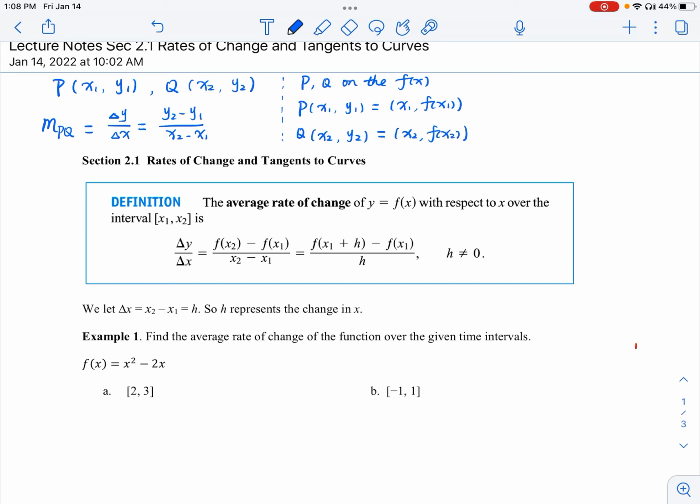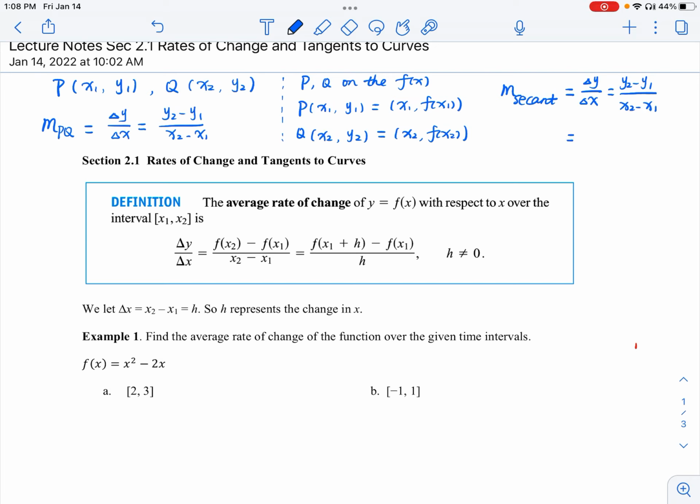Then if you connect PQ, that will be the secant line of this function. So the slope of the secant line, that should be change in y divided by change in x, which is y2 minus y1 divided by x2 minus x1.